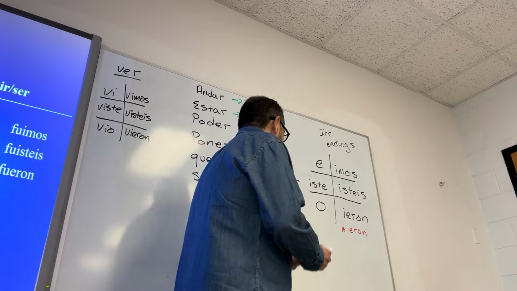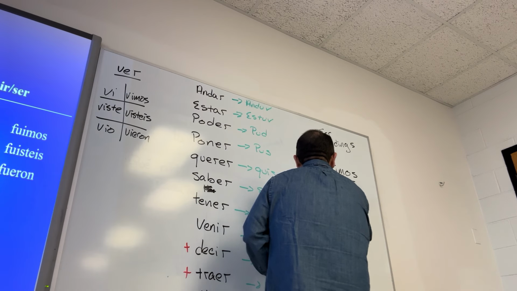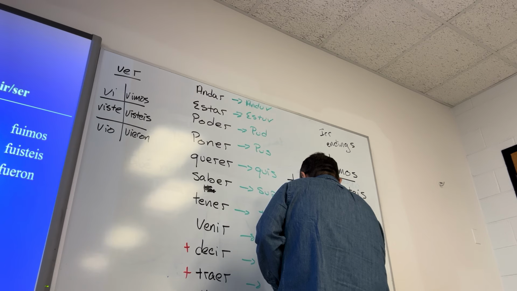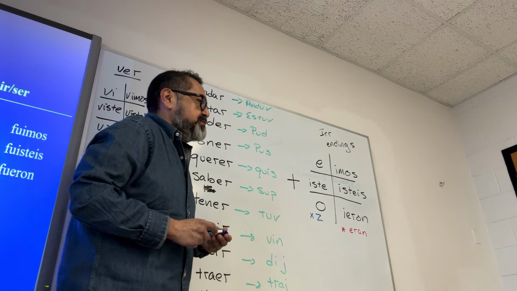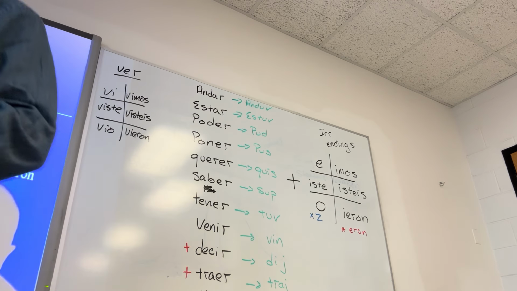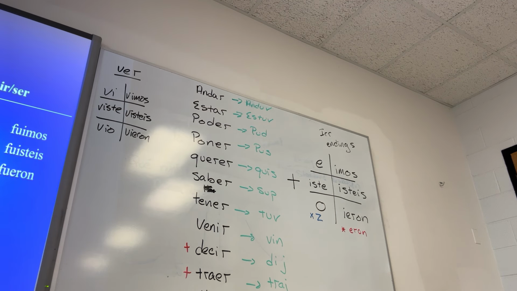And so in order to give us the appropriate sound, we need to change the C to a Z. And now we have hizo. Okay, we have the correct sound. I mean, but that's it. So, like, that's why that's pointed out in red. So some students just prefer to memorize this. Some students prefer to memorize that. And just remember that the C becomes a Z. Okay?